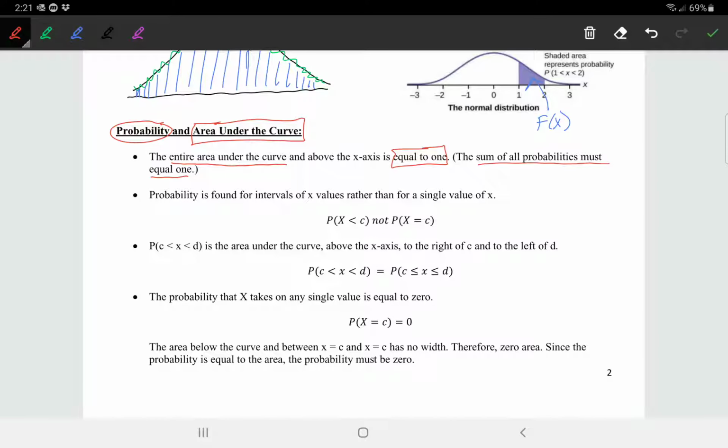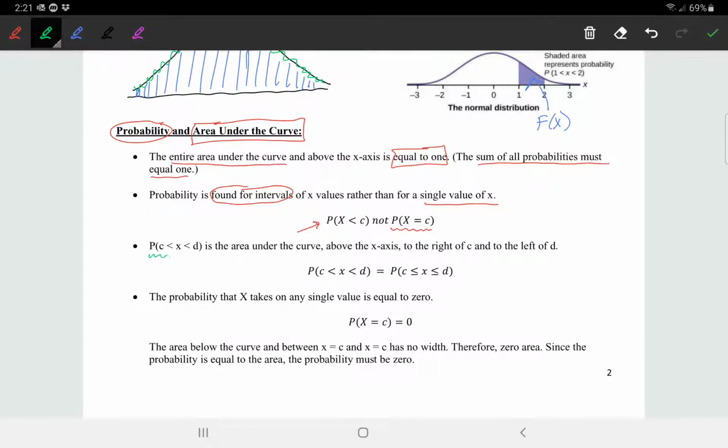With continuous distributions, we are going to find probability for intervals of x values rather than for a single value of x. So say, for example, we would be looking at the probability where x is less than some constant, not the probability where x is equal to a constant, like we had done in the discrete distributions.